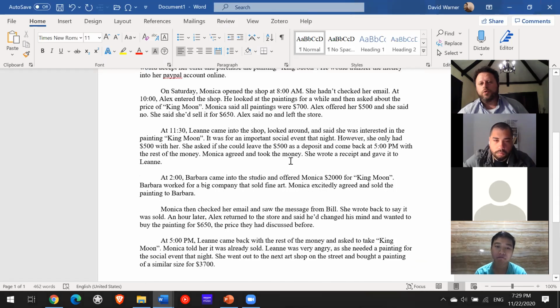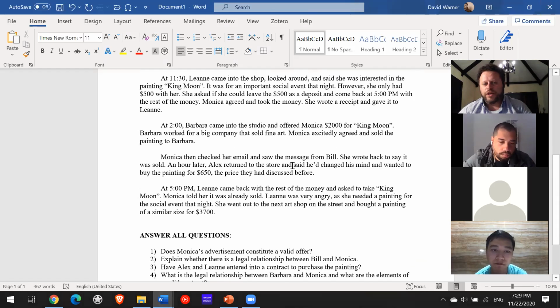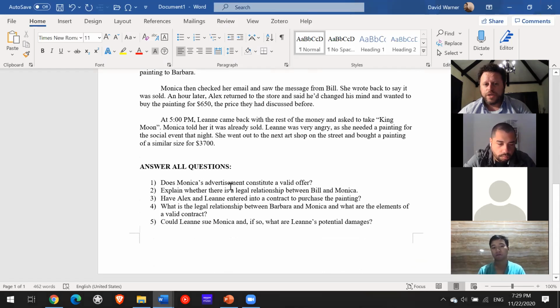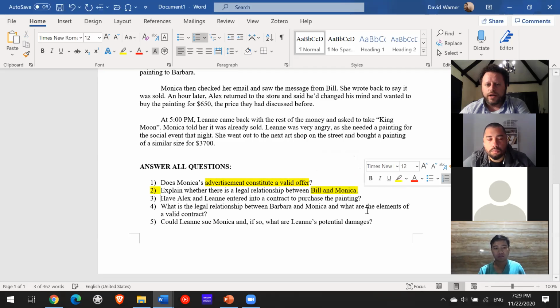Sometimes the first time I read it, I will read the questions, so I know what I'm looking for. So what do we see in the questions? Well, we see this idea of, is the advertisement an offer? Okay, so that's one thing we need to think about. Then we're going to be looking at legal relationships. So we're looking at this Bill and Monica.